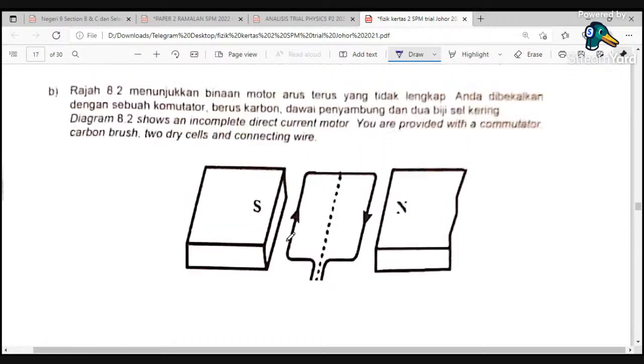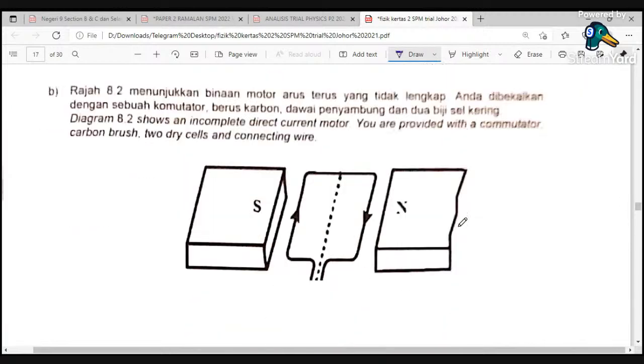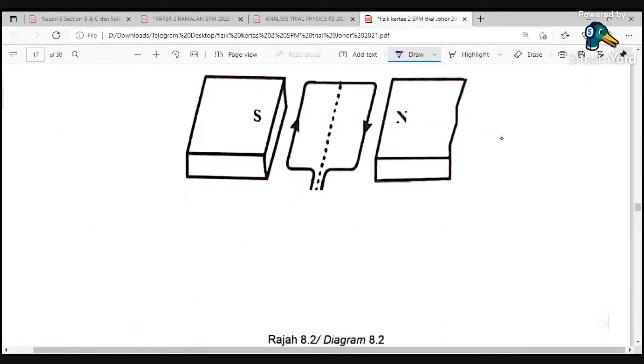Okay, part B. In a complete DC motor, you are provided a commutator, carbon brush, 2 dry cells and connecting wire. Complete the diagram by using all components specified. So this is the motor. There is a split ring commutator.